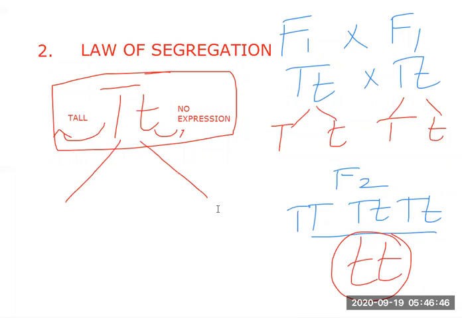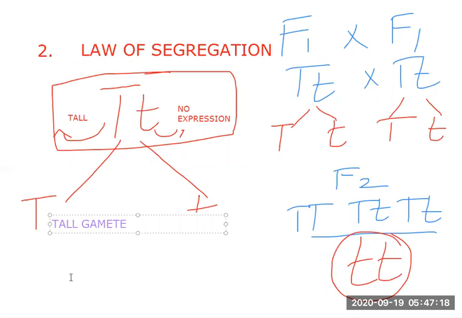Now I am asking the same question about capital T and small t. During meiosis, during anaphase, when the gametes are segregated, when they are separated, what is the expression of this gamete, the capital T I am showing here? We can say tall gamete, isn't it?